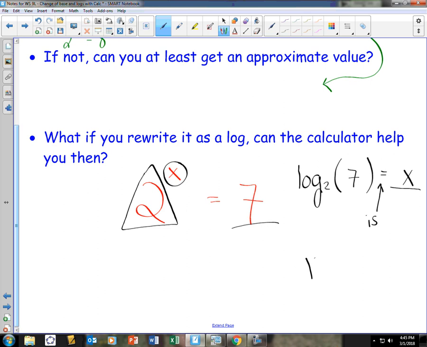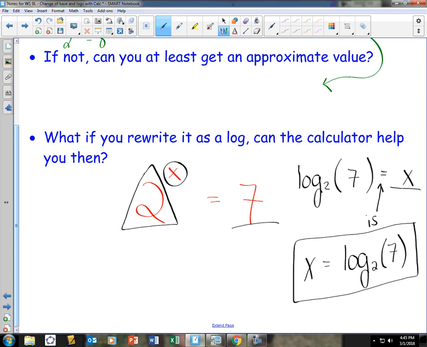And, honestly, some of our newer calculators allow us to do this. But if you look at your calculator, you don't have a button for base 2. There is no button for this. And so you might feel stuck. So we want to show you maybe an alternative approach.